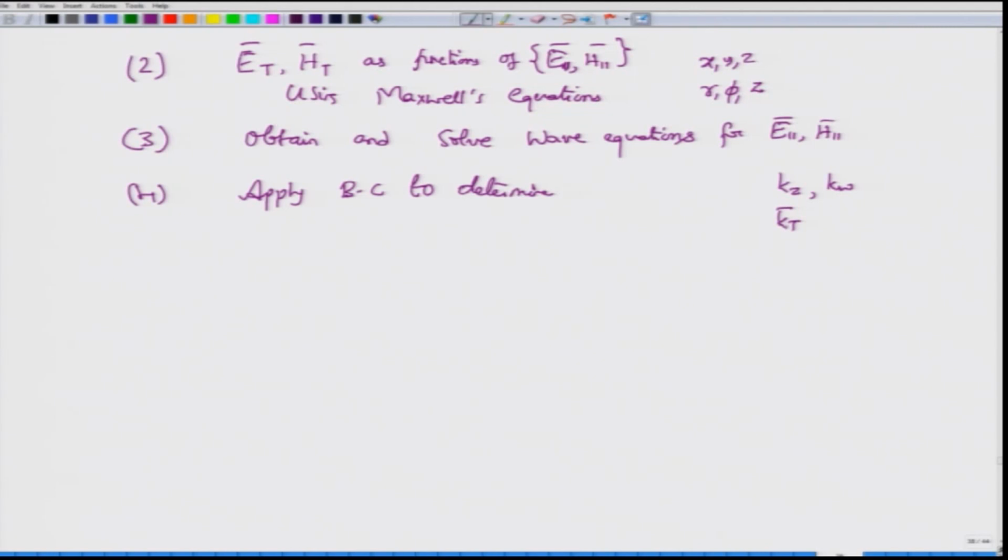Kw will be a function of the transverse wave number kt and whatever the medium k vector is. But you need to apply a boundary condition to actually determine these quantities, the longitudinal propagation constant. So, I will just write this as kw, okay, and this corresponds to the propagation constant, or I could have written it as k parallel.